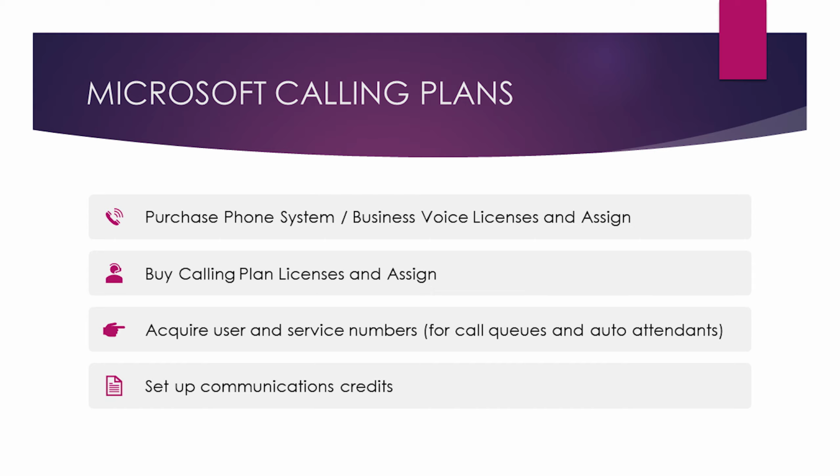For call queues and auto attendants, you can use the service numbers. I would also recommend that you set up communication credits. Communication credits allow you to call numbers that are not in your calling plan license, such as premium rate numbers or international numbers. And that's it. That's a very high level overview of how to configure Microsoft 365 calling plans.